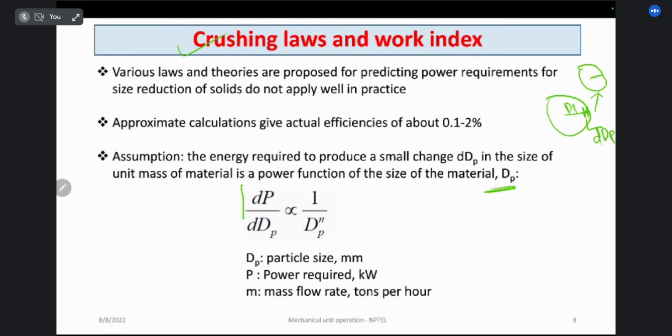That can be represented as dP, the power, divided by dDp, the change in particle size. So my instantaneous change in power divided by the instantaneous change in particle size is directly proportional to 1 upon the particle size raised to n: dP/dDp is proportional to 1/Dp^n. This is the generic power law for size reduction.